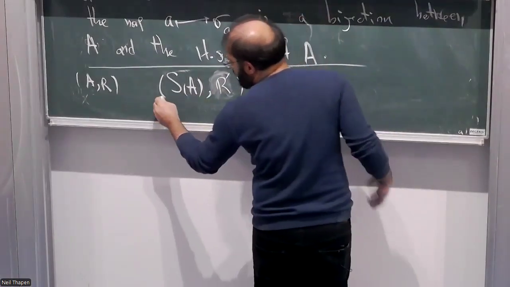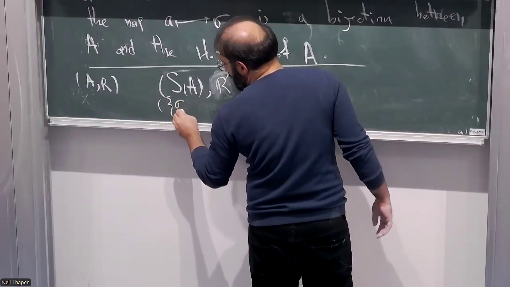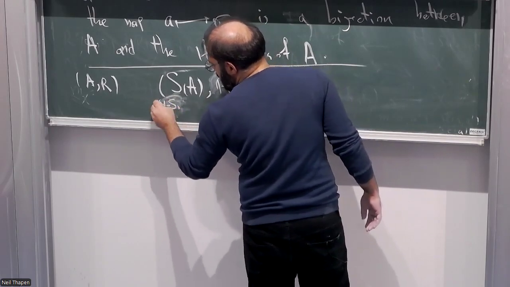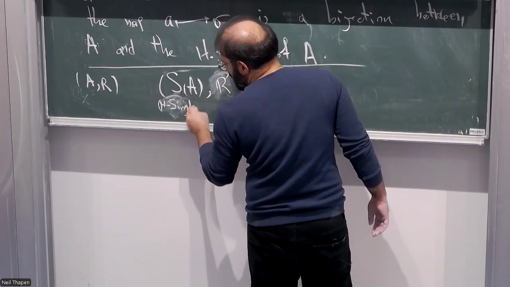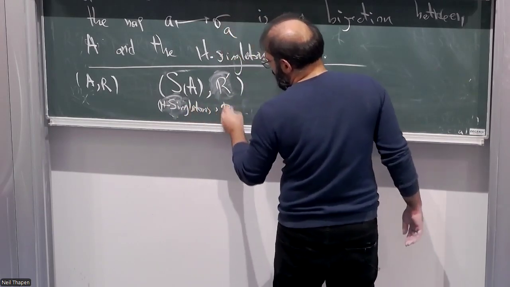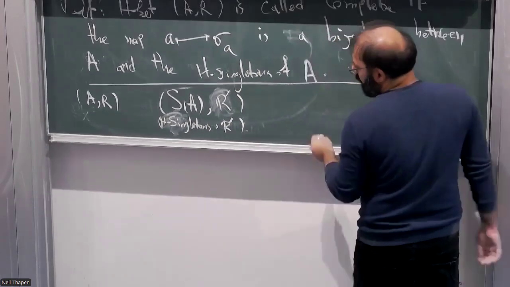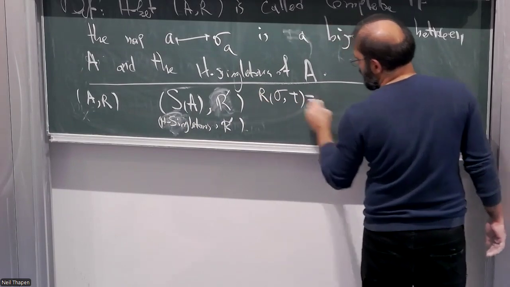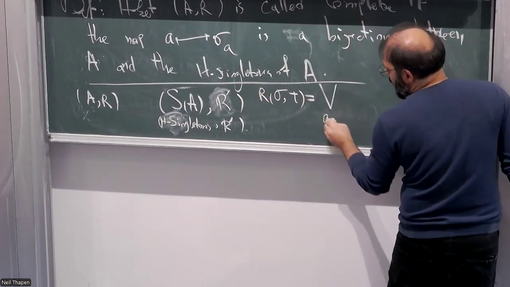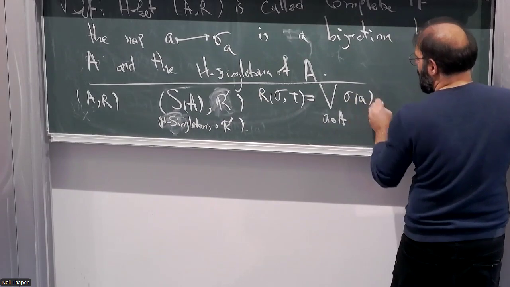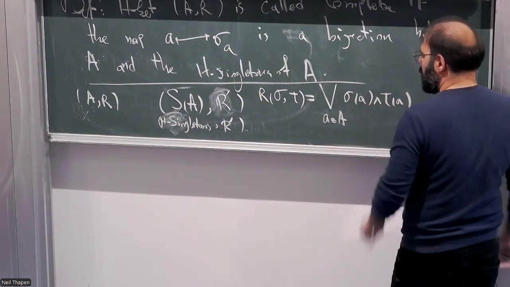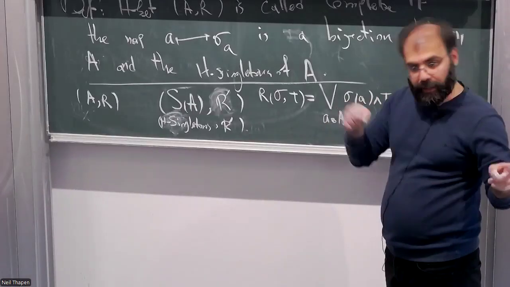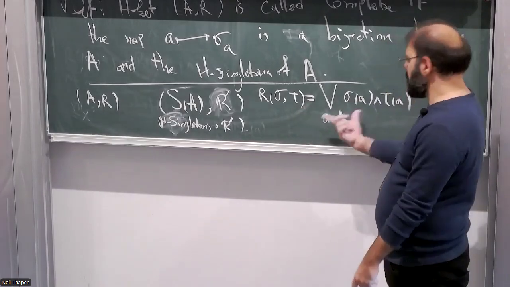So here I just have all the sigma, all the H singletons, and define R prime like this: if you have some sigma and some tau, then R of them is just the existence of some element such that both of them are equal to that, right? So two singletons are equal if there is one element such that it is here and there. Therefore, they are equal. This is one way to explain it.